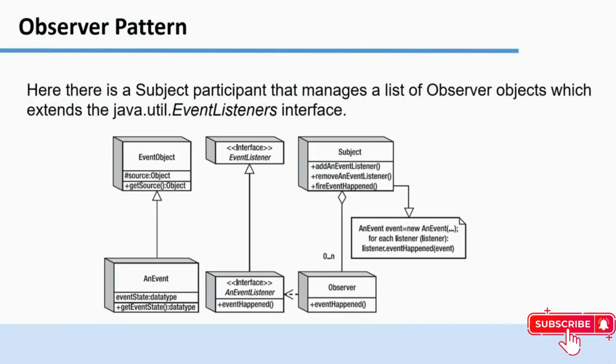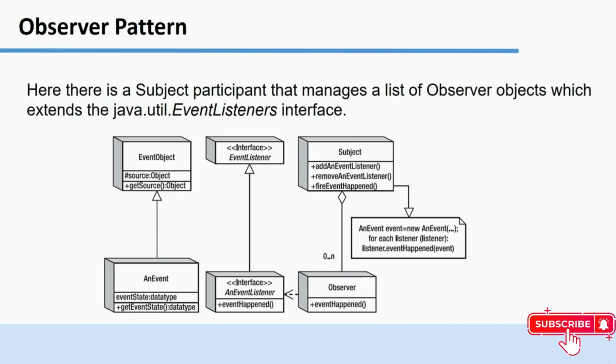In this slide you can see the graph for event handling, and what it means is that there is a subject. Each subject participant manages a list of observer objects, and these observer objects are relevant to each event a subject can generate.